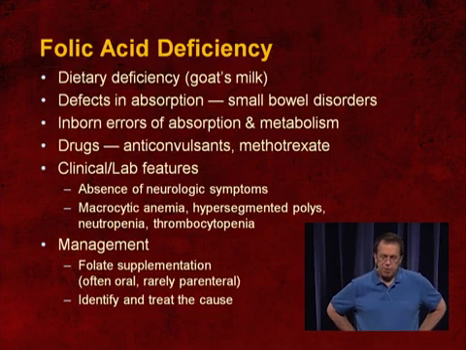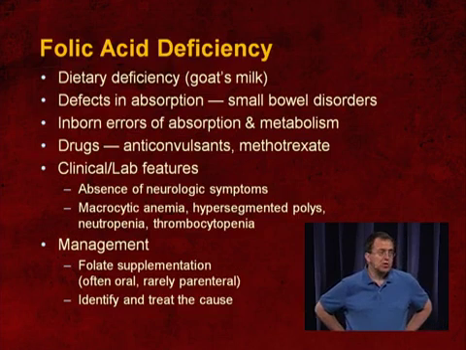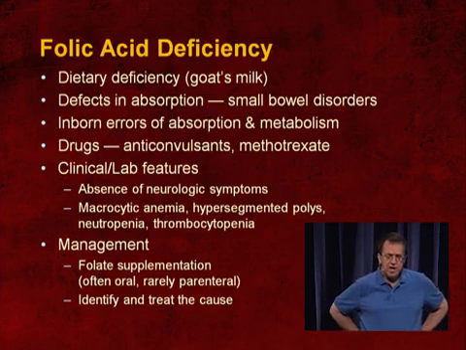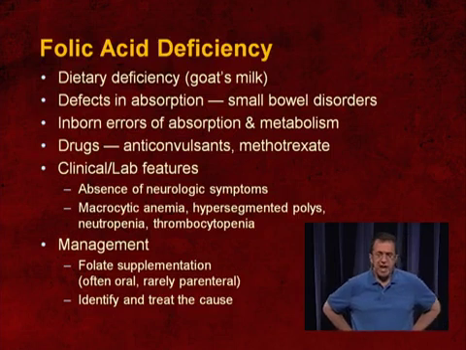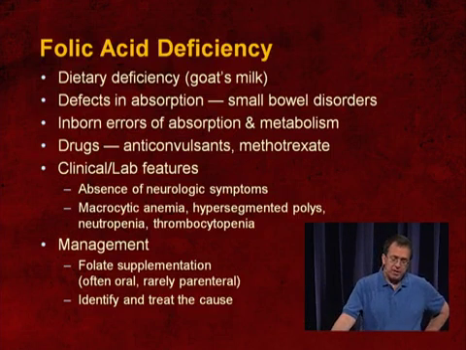Defects in absorption, small bowel disorders, inborn errors of absorption and metabolism, drugs. This is much more common if you're going to talk about folate deficiency and macrocytic anemia associated with this. When you're treating a leukemia patient, I want their MCV to be a little bit elevated because I'm giving them methotrexate, which interferes with folate metabolism, and I want to see that MCV elevated a little bit.